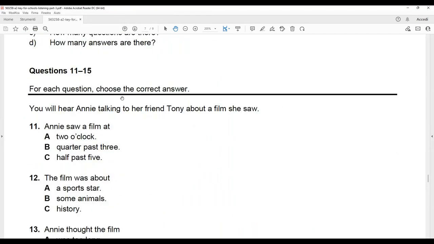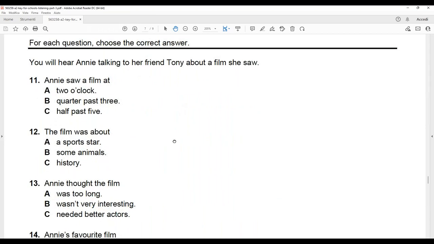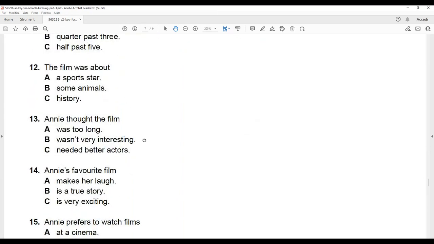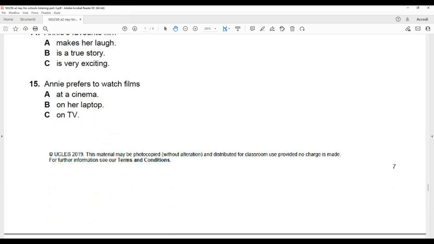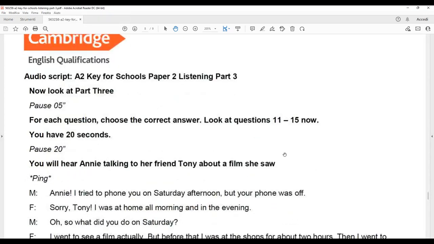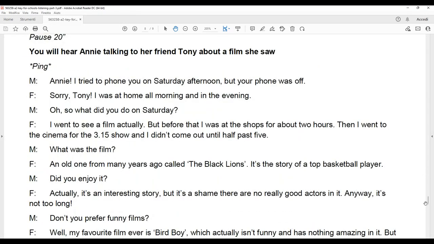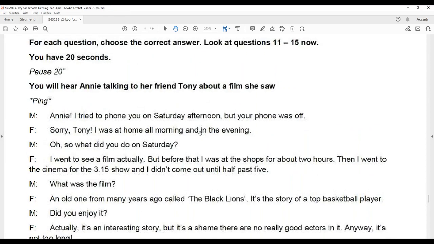There you go. For each question, choose the correct answer. You will hear Annie talking to her friend Tony about a film she saw. So we are going to have a little time to read these parts. We also have a script as usual.